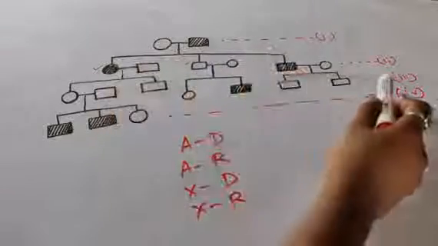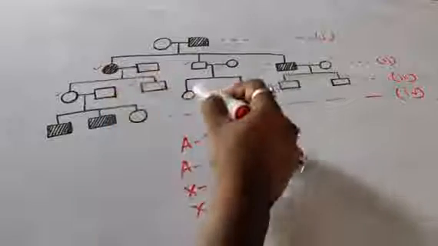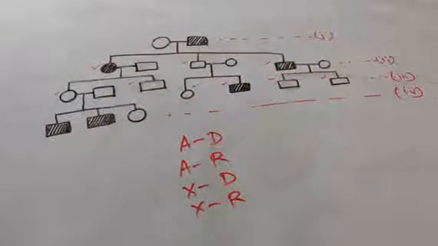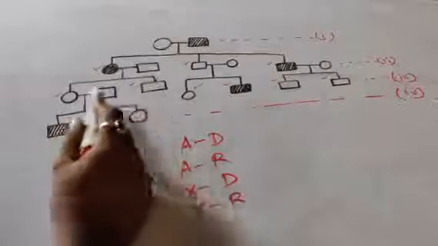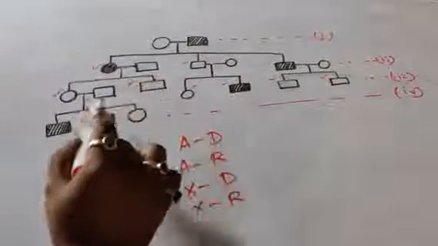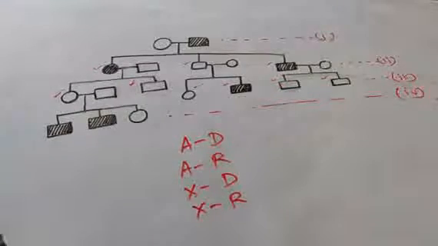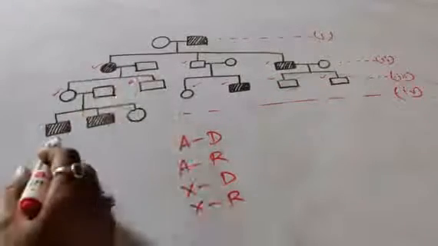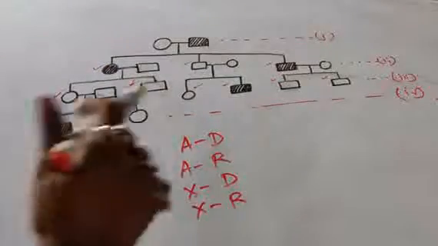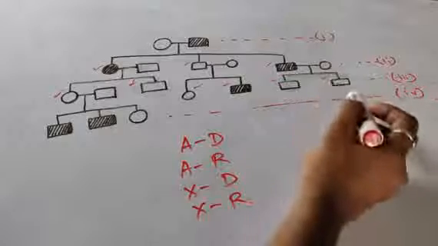Now next, in the third generation, these are the generation. Okay, here we can see that in these two, male and female, they are not affected. That's why the generation is skipped. Here we can see they are also not affected.